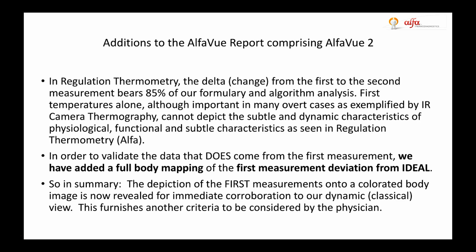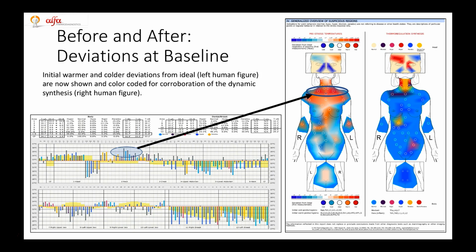So we have found numerous cases whereby there was clues in the first measurements. And so it's usually warmth in the first measurements, different than the rest of the body. And so we colorated the body. And you can see that here, before and after deviations on the baseline. And you can see in that clavicular region, the red, as well as you do in a few other areas.